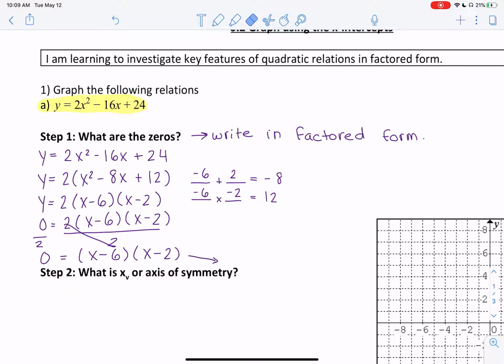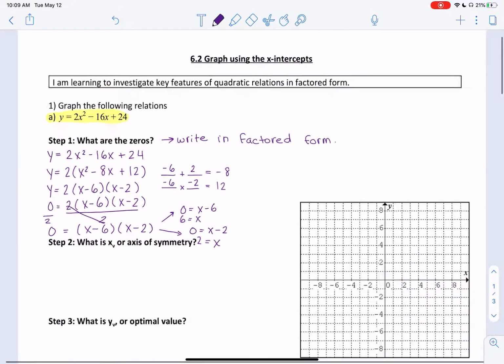So 0 equals x minus 6, so that will give us 6 equals x, and 0 equals x minus 2, so 2 equals x. Sorry, I'm running out of room there. So that is how we find our zeros.